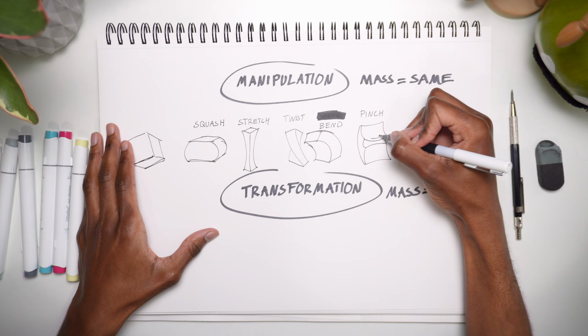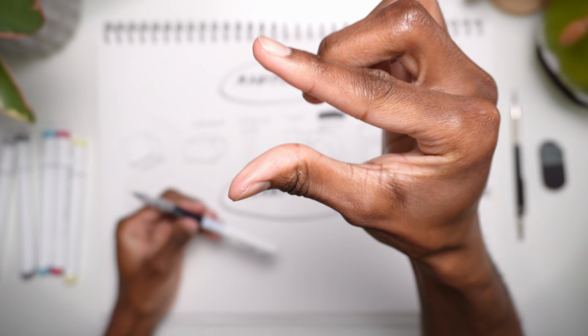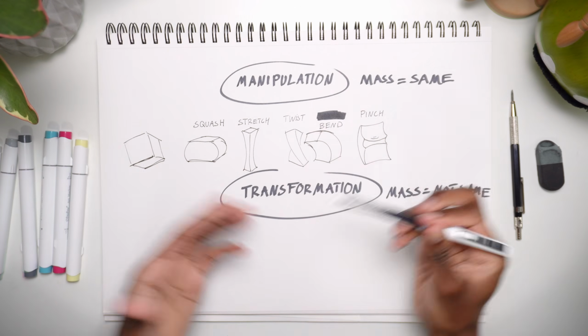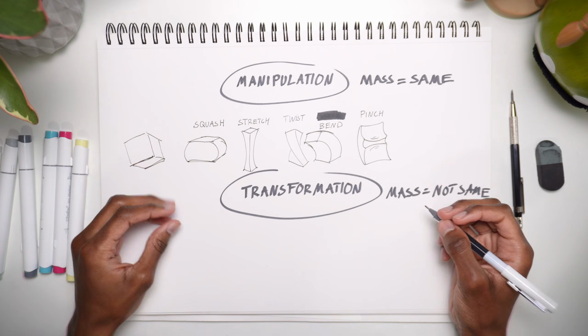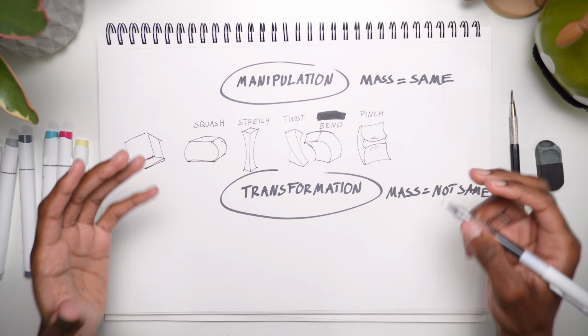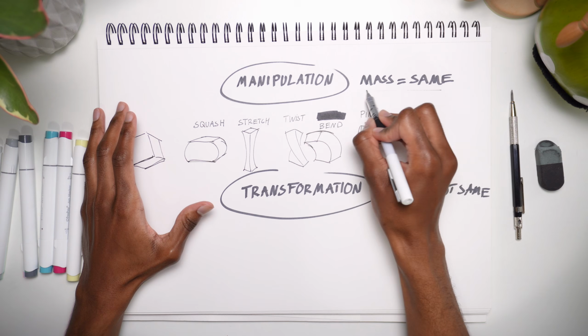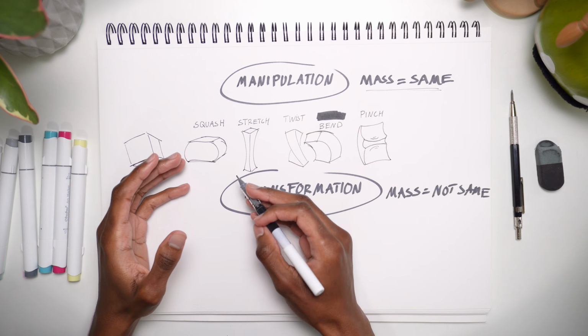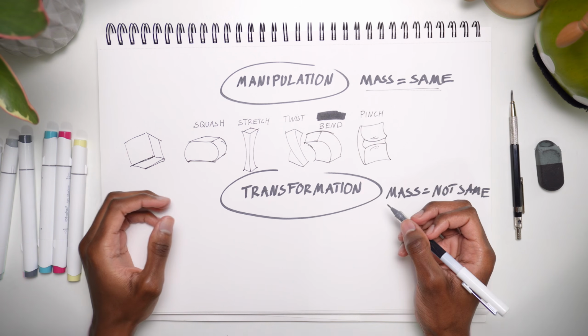You see that? It's like we just took the cube between our fingers and squashed it. We exerted that sort of force on it, right? So these are all examples of manipulations because the mass of the object is still the same. We're still trying to keep the same amount of object.